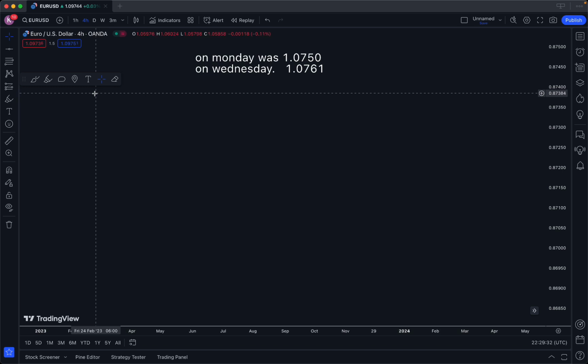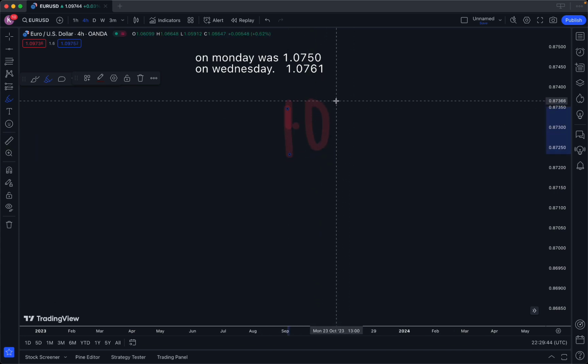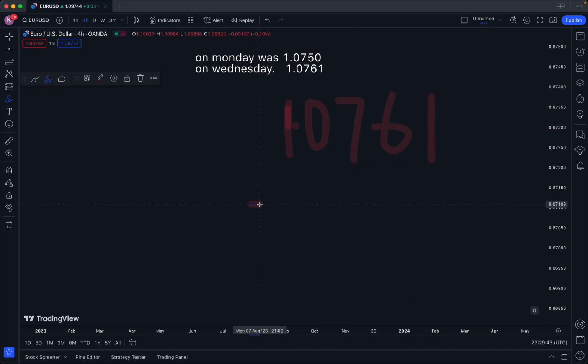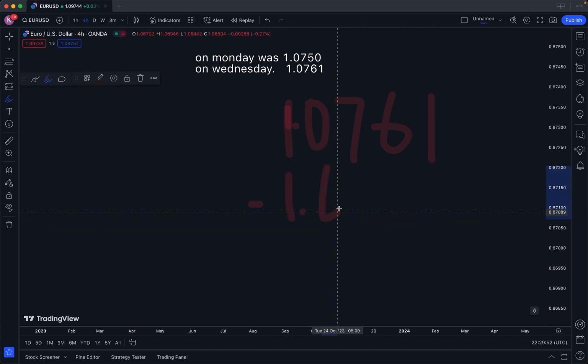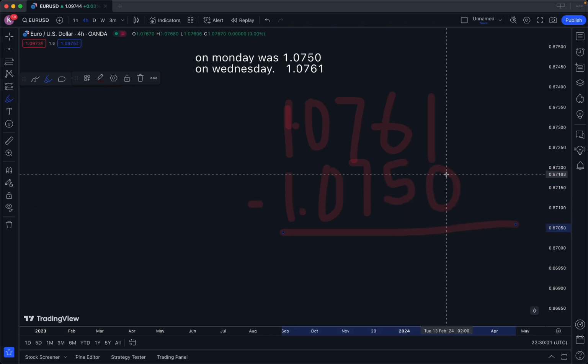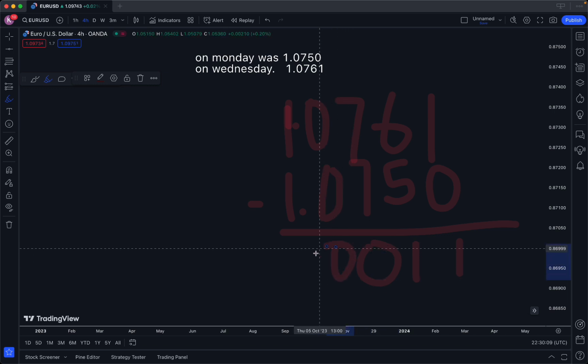And for us to find the pip difference, we just subtract the smaller number from the bigger number. So we subtract 1.0750 from 1.0761.